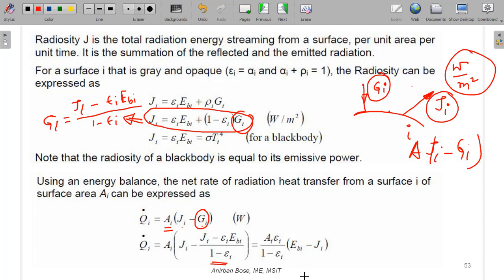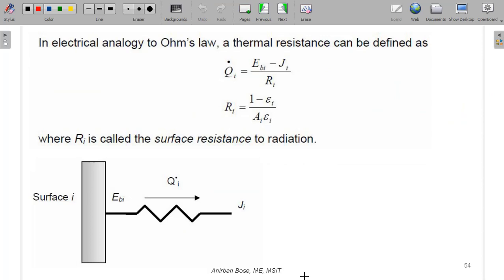Now we can write, by making an analogy with the electrical circuit, how much radiation energy is leaving from the surface. That quantity, if that is Q_i dot, is E_bi minus J_i, as if this E_bi and J_i are nothing but the potential. So this is basically the potential difference, and that divided by resistance.